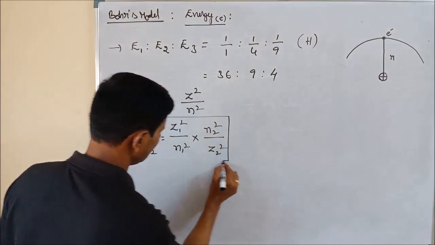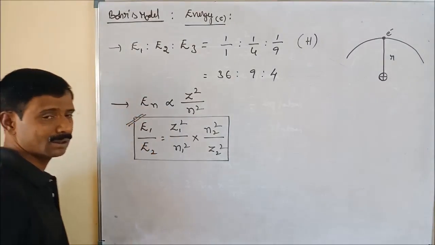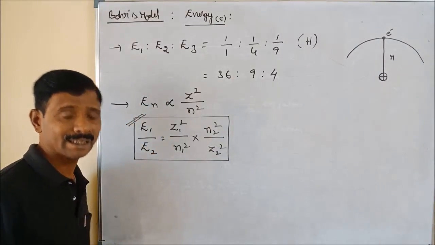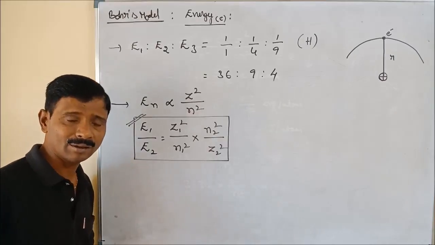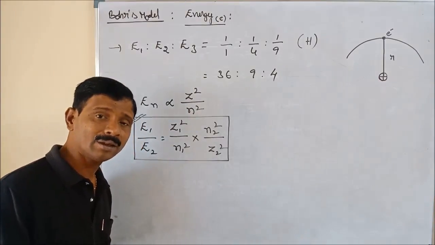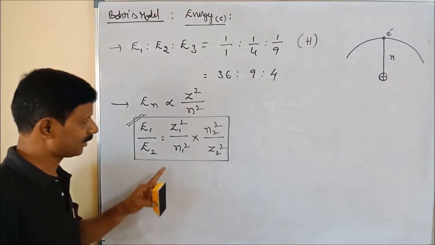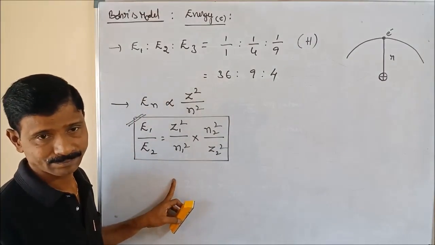This is another relation we have to remember to compare the energies of the electrons in different orbits of the same atom or in different atoms. For that we have to use this relation.